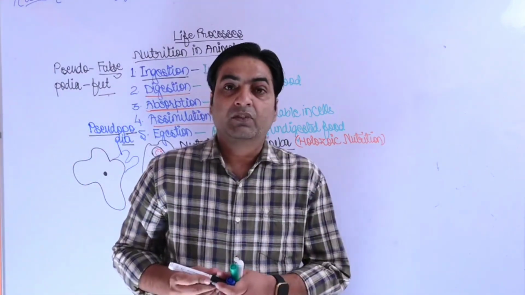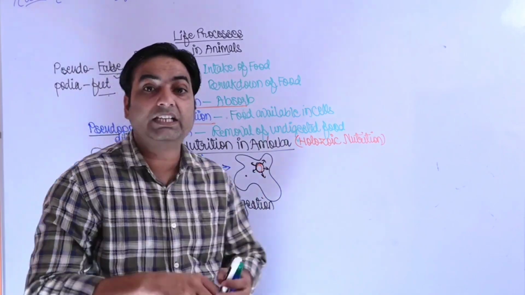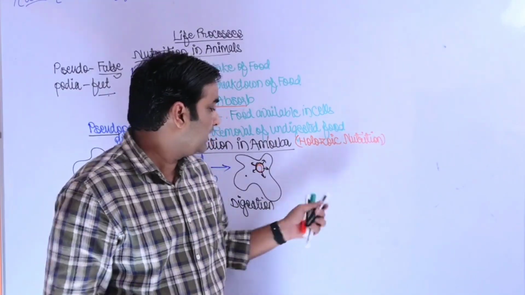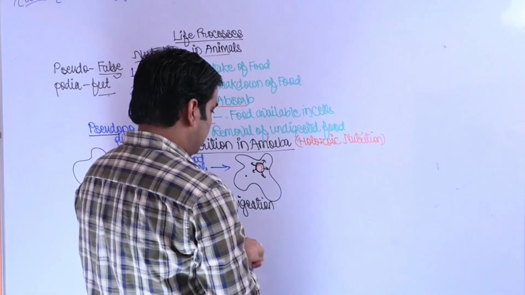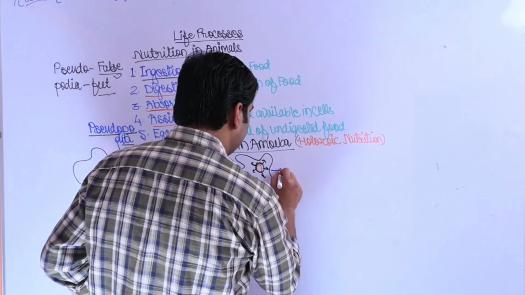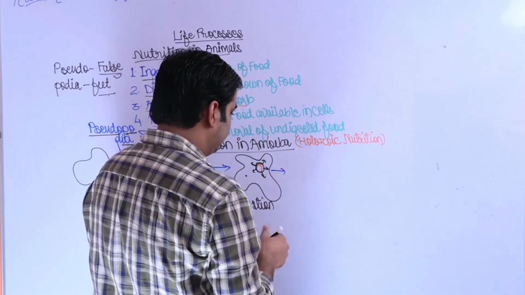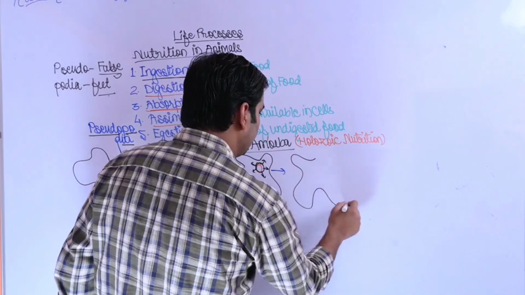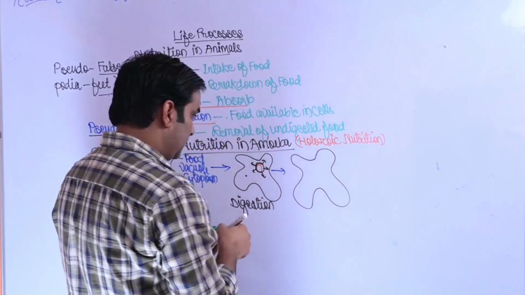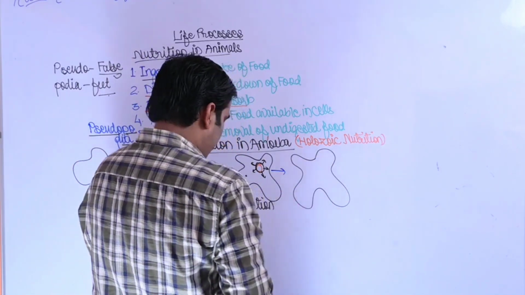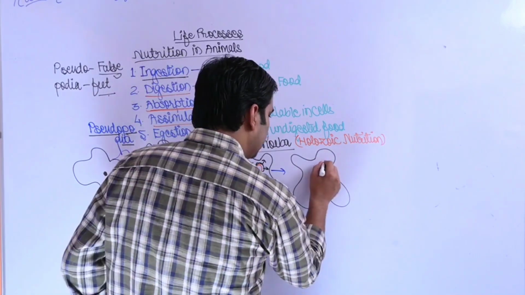After digestion, the food material which is digested has to be absorbed by the cytoplasm, and the next step comes up. This will be the food vacuole.